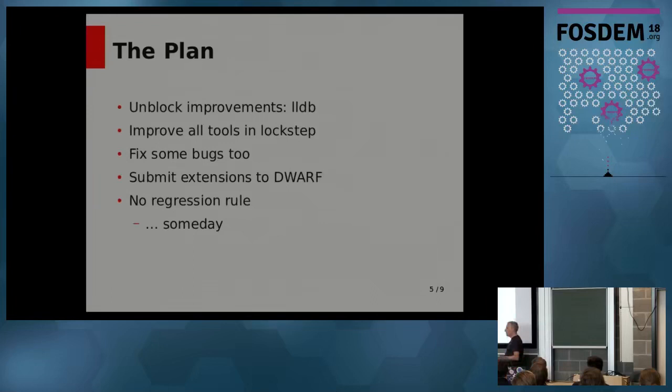So that brings us to the plan. Part one of the plan is to unblock this logjam by writing an LLVM plugin. And that's in the works. I'll talk about some details about that in a few minutes. Then once LLVM is working, the idea is to improve all the tools in lockstep.